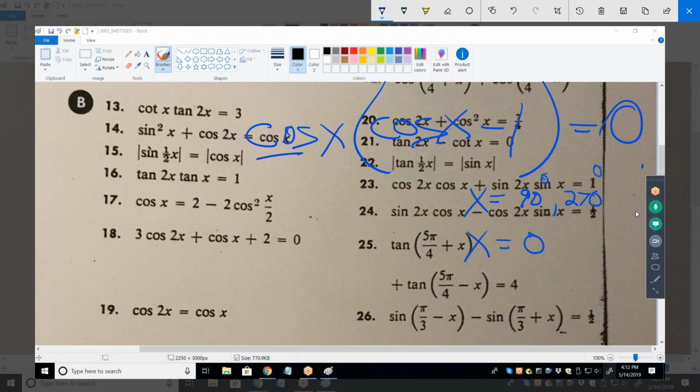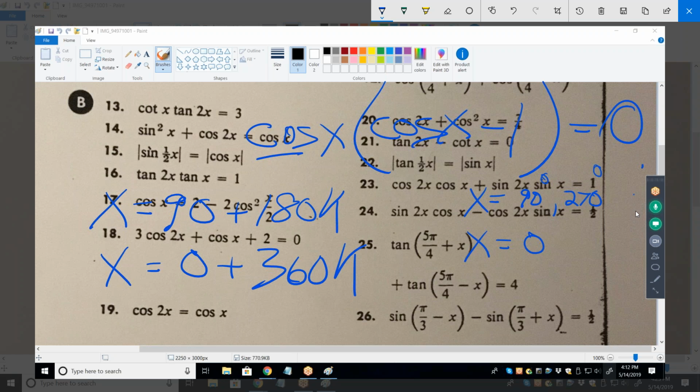So that 90 plus 180k. I'm not sure we need the 180k. Let's see. Yeah. Yep, that'll always give it to us. And then 0 plus 360k. Very, very good.